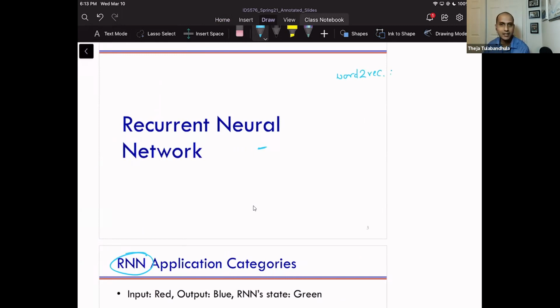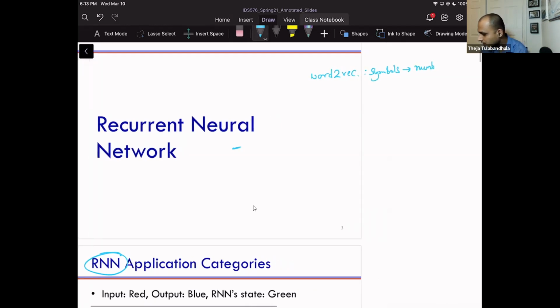We were looking at NLP, by the way. So in NLP, or natural language processing, Word2Vec was the idea of going from symbols to numbers. Basically, this is just the idea of encoding. So we need encodings or representations or embeddings. That was the first idea.